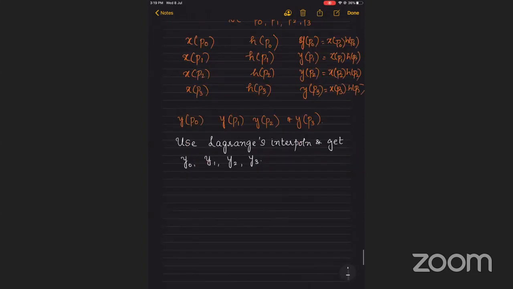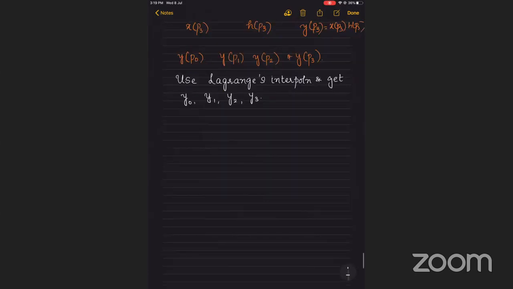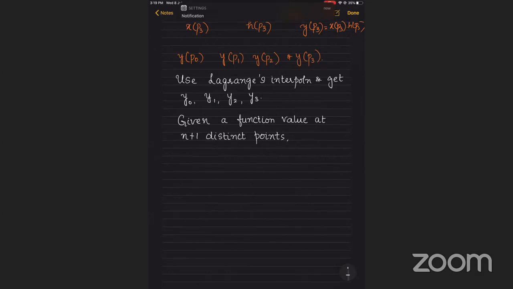How do I do Lagrange's interpolation? What does Lagrange's interpolation say?